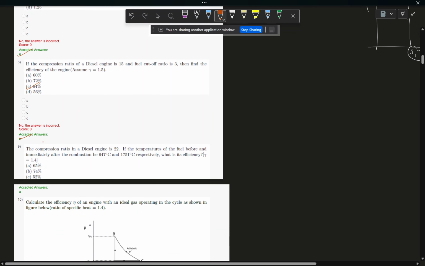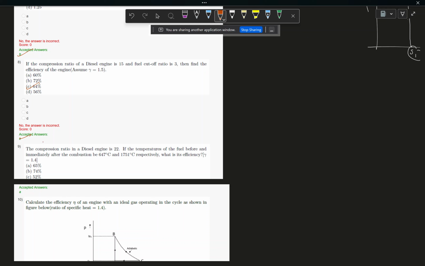So this is done. Then question number 9 is again a direct formula based question. Here again a diesel engine question is given, where the compression ratio r is 22. If the temperature of the fuel before and immediately after the combustion is 647 degrees and 1751 degrees respectively, then what is the efficiency?